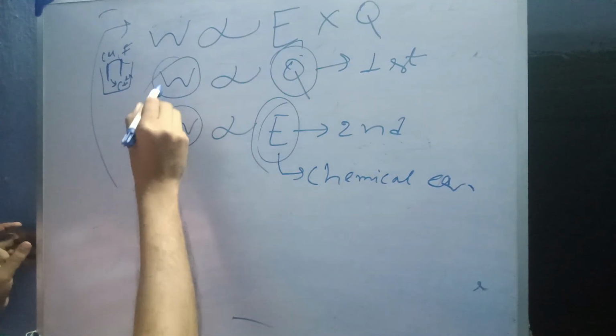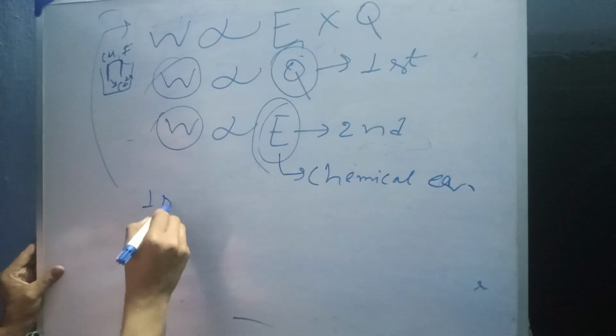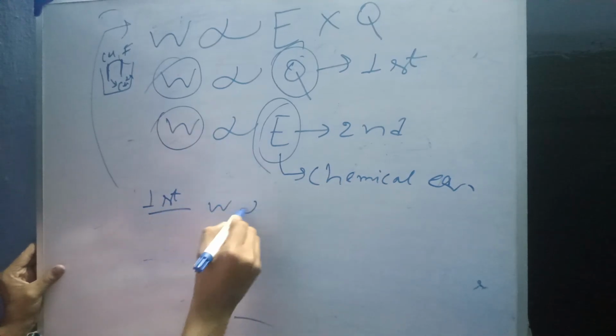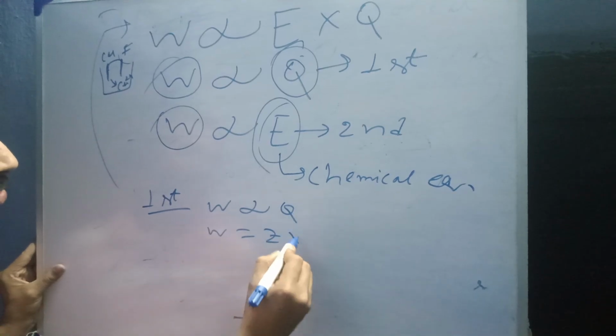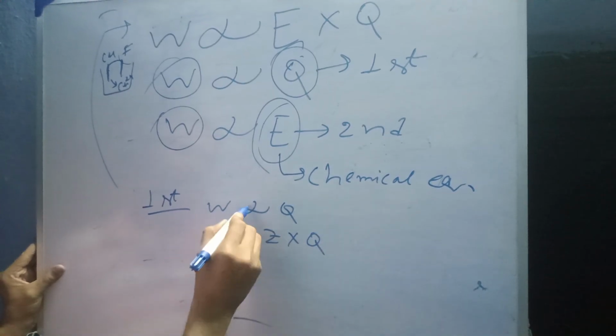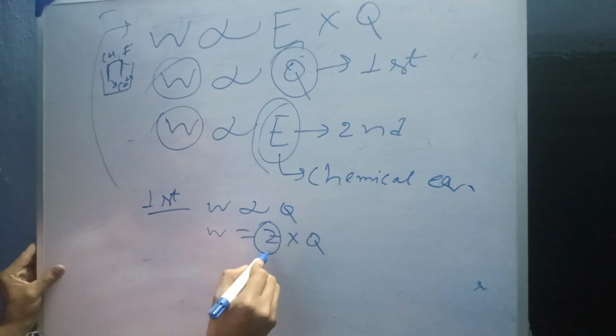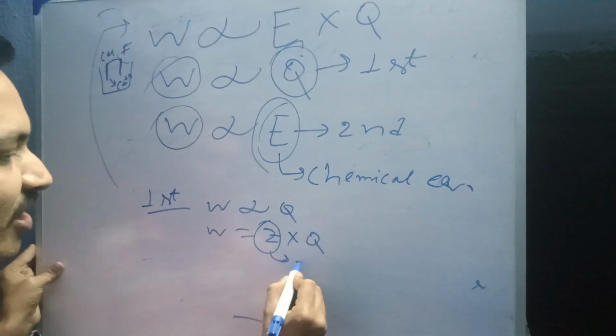Now from the first law, as W is proportional to Q, we can say W is equal to Z into Q, where Z is the proportionality constant and it is called electrochemical equivalence.